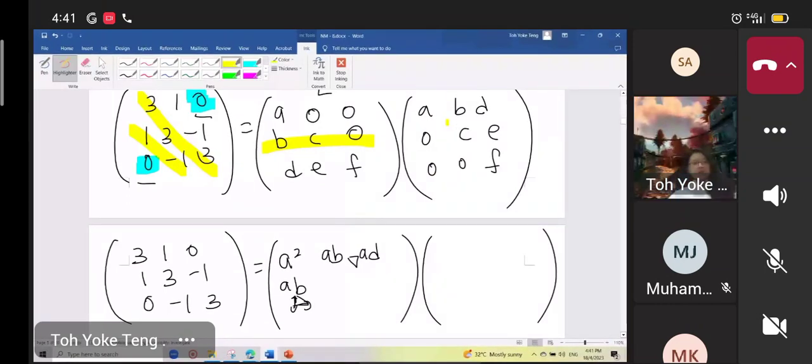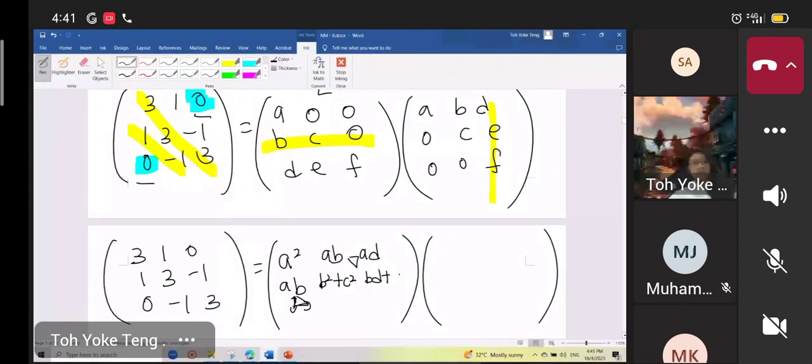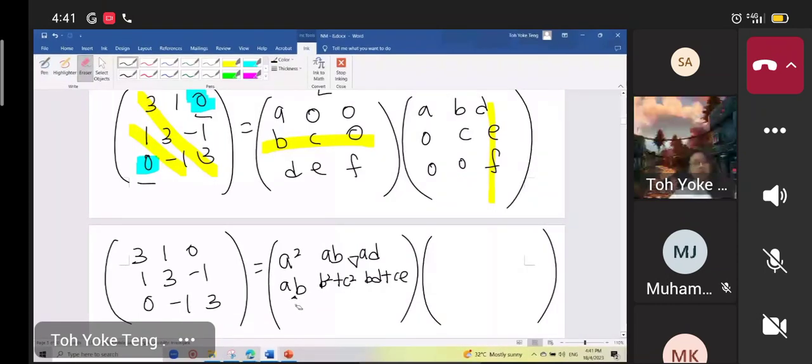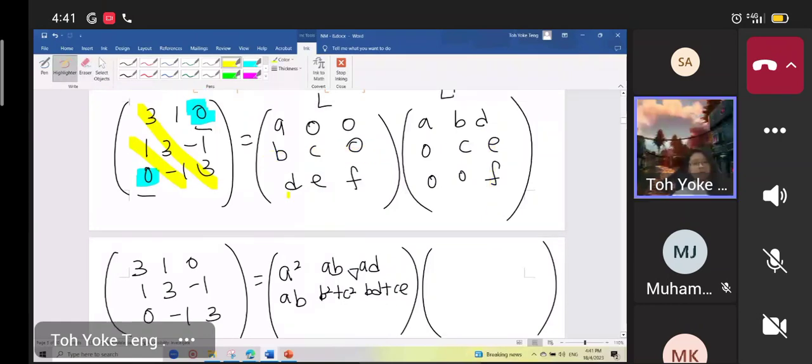So it refers to here, that is B squared plus C squared. And then the last one. So BD plus CE. This one, just the same thing here. So A times B is AD.